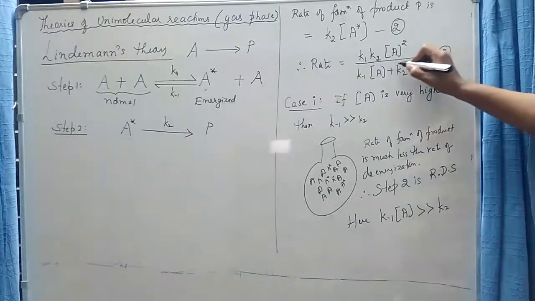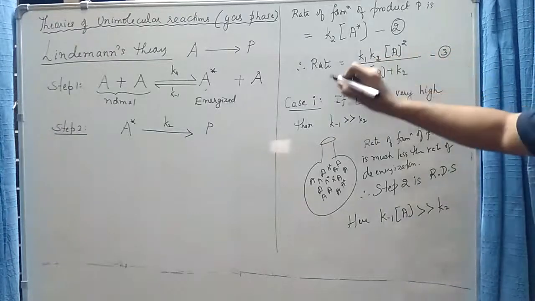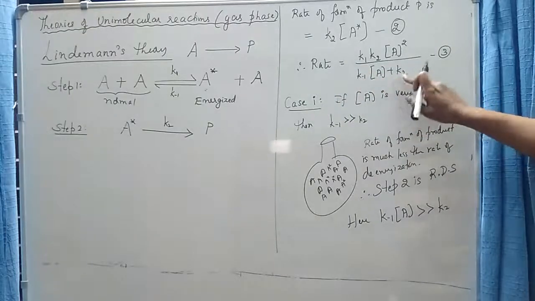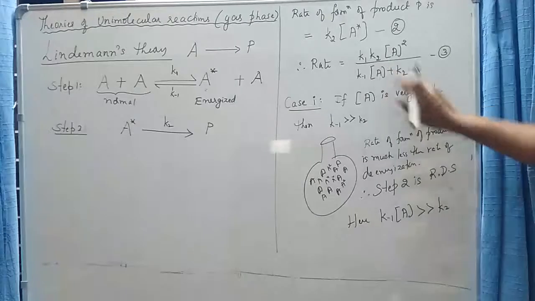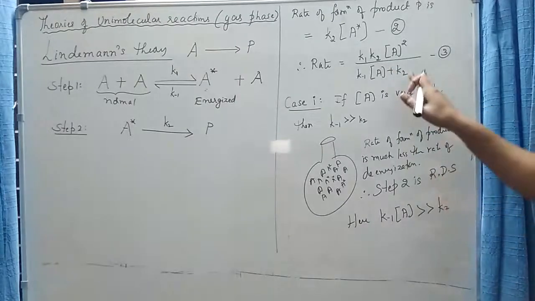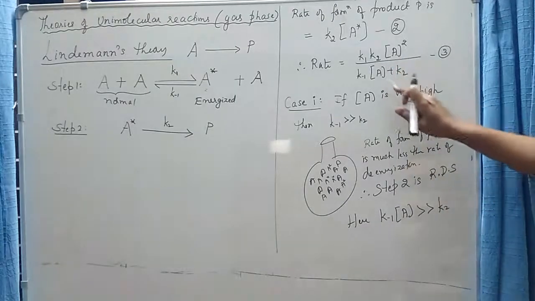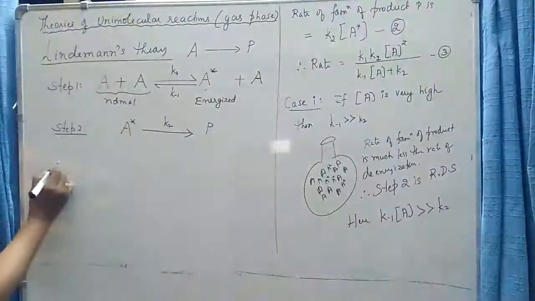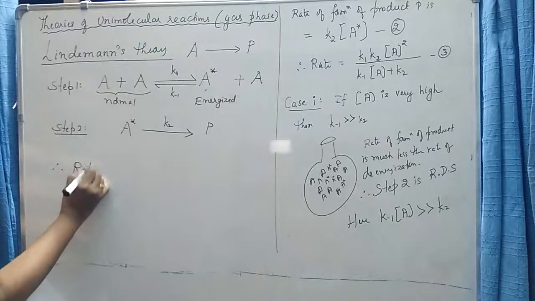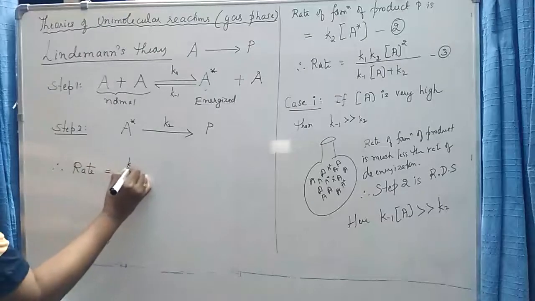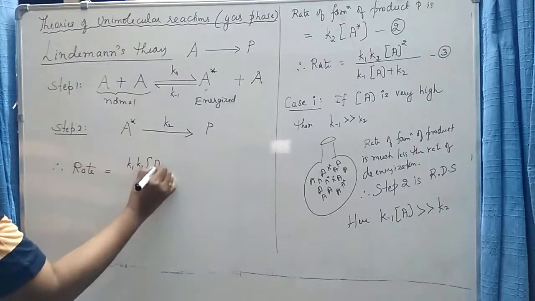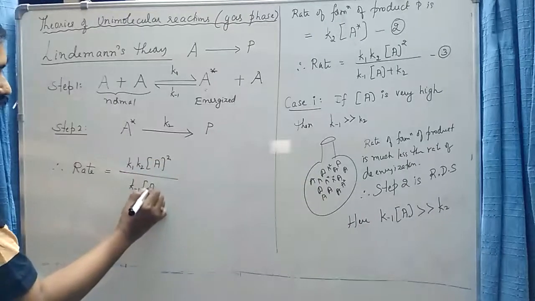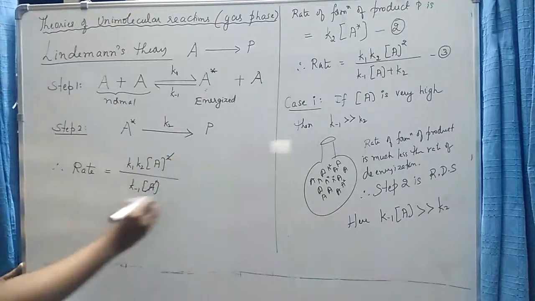So if you look at the denominator of this general equation for rate, you have in the denominator k minus 1 into A plus k2. But since k minus 1 into A is much greater than k2, one can neglect this second term k2. So in such a case, you can write rate is equal to k1 into k2 into A square divided by k minus 1 into A. So one of the A terms gets cancelled.